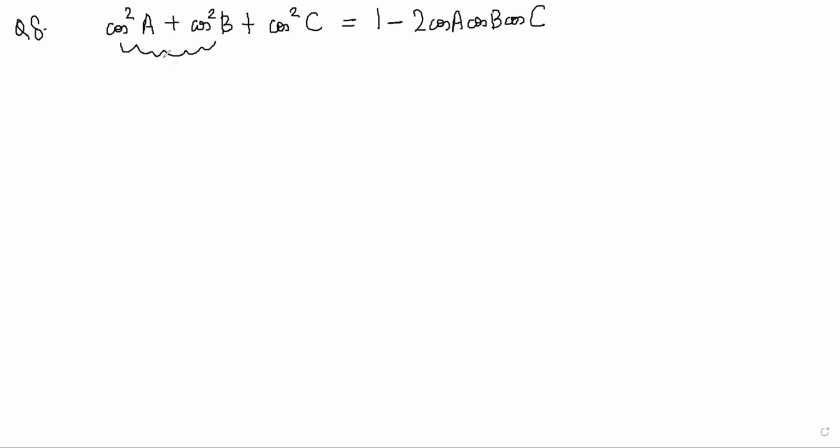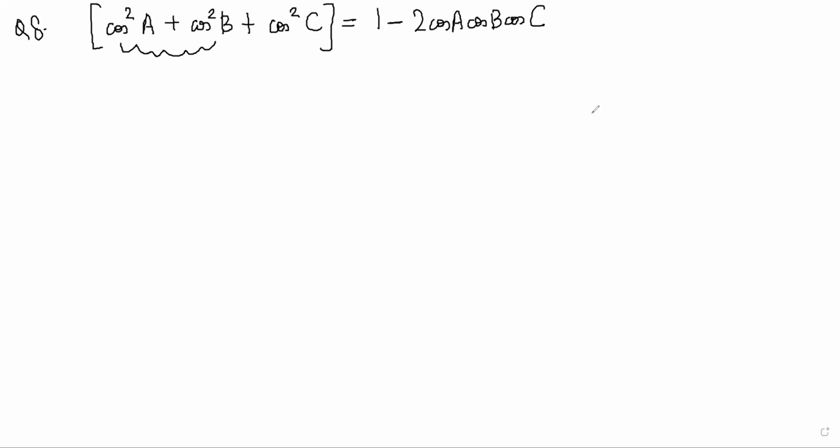There is a formula for cos A plus cos B. At this point, don't just force and do whatever you feel like. Just because there is no formula doesn't mean you have to do whatever you want. You have to think of some method which is legitimate. Real maths you have to do.